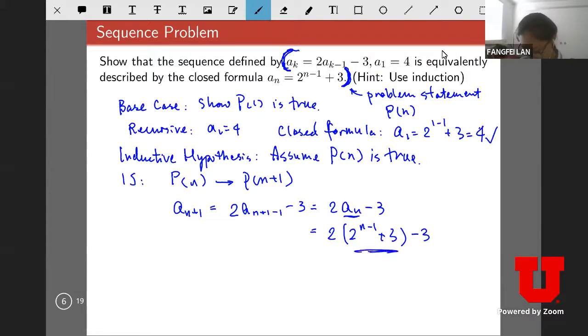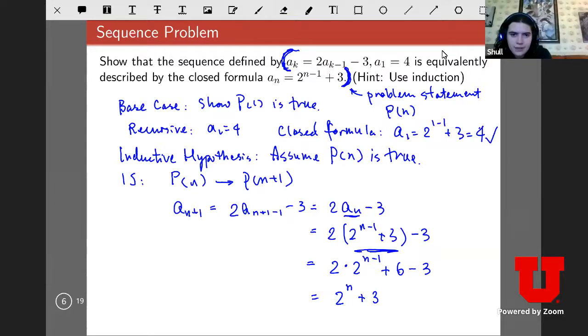These two are equivalent based on our inductive hypothesis. And now we just do some algebra: 2 to the n plus 3. And that is exactly what we want.